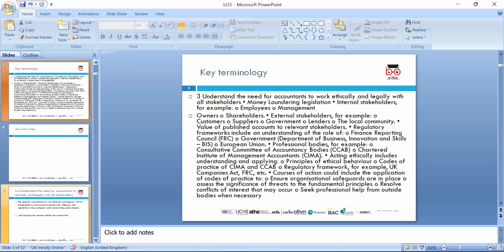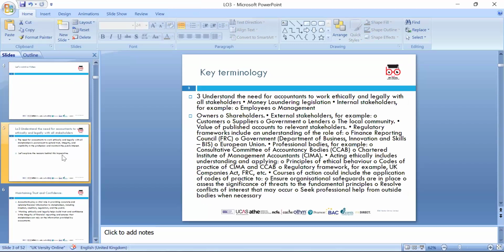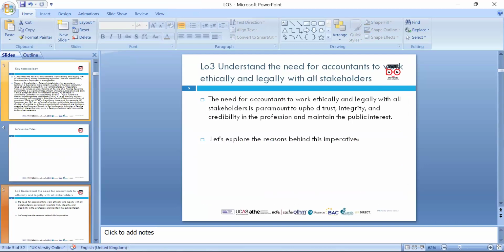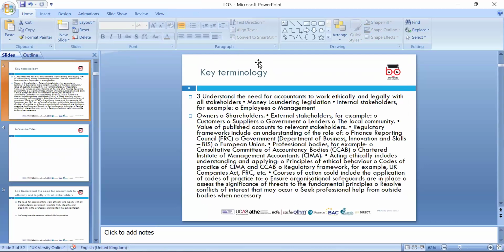Okay, we'll move to the next. Today's lesson key indicative content is what we're supposed to go through. We'll go through money laundering legislation. If you don't follow it, it can lead to up to 14 years' imprisonment. We have different stakeholders. Stakeholders means anyone who has any interest in the business.